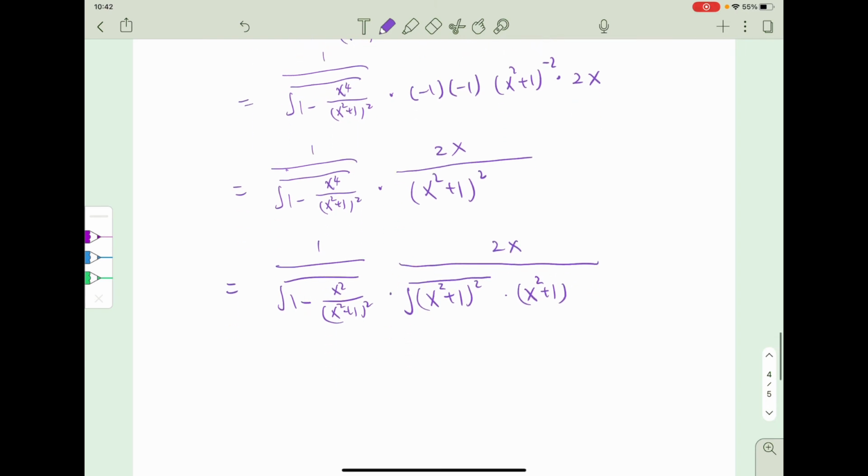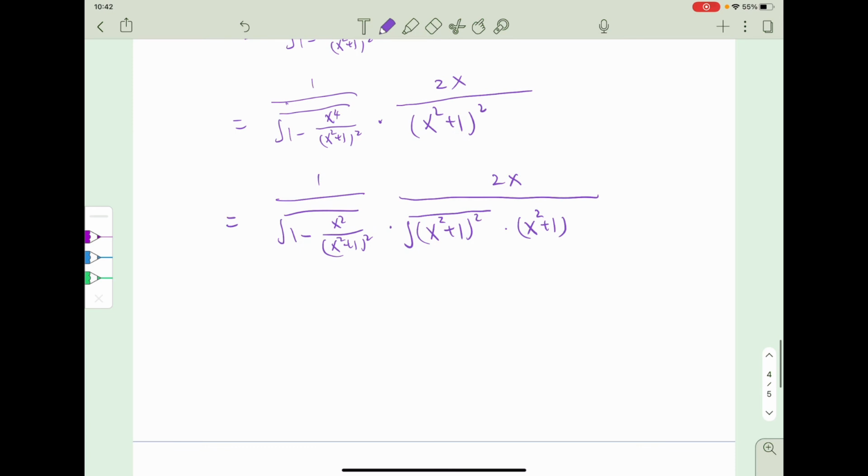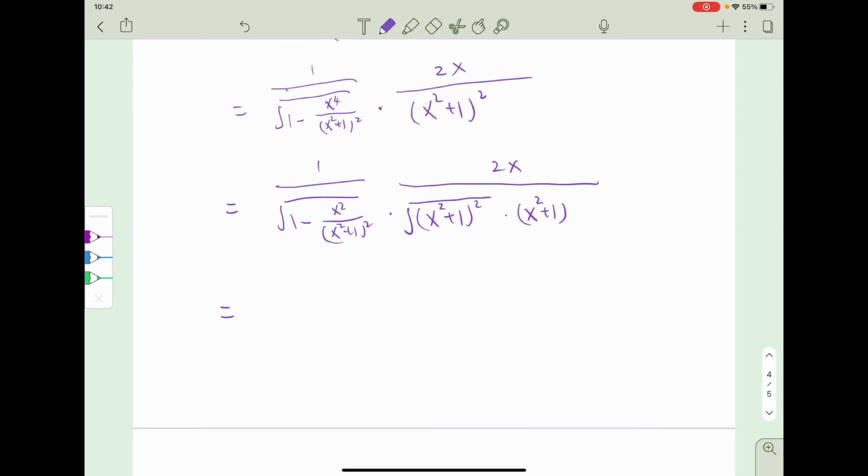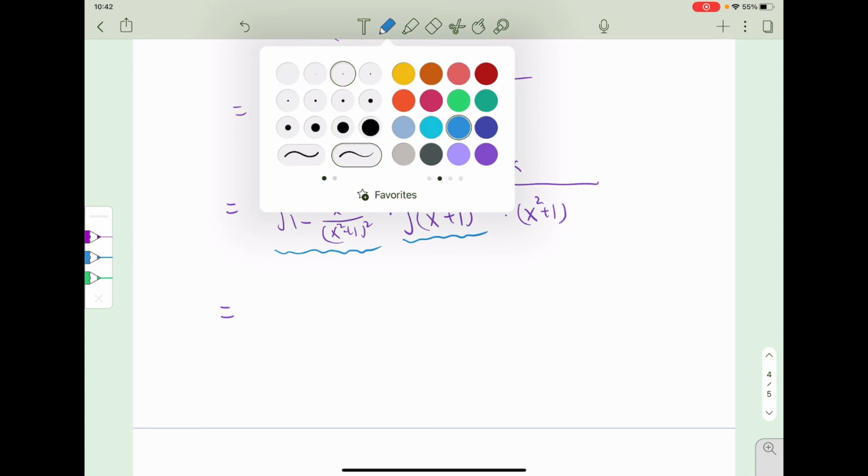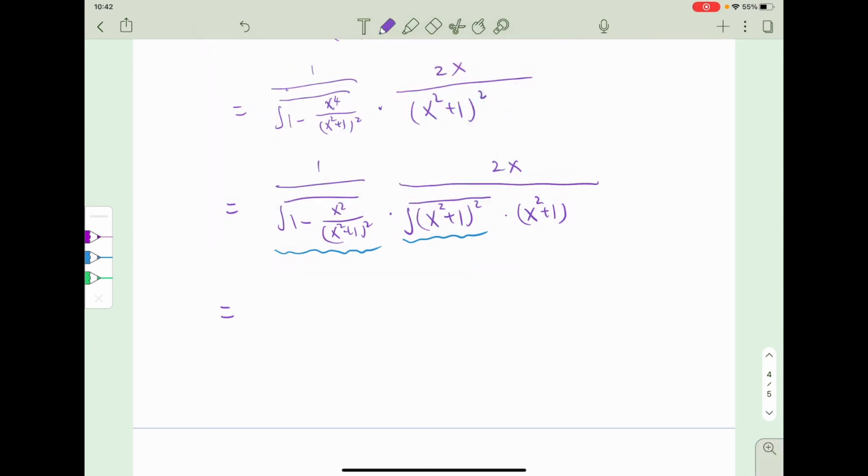So this is just purely algebraic manipulation. It should not be too difficult. The reason I'm doing that is because I want to multiply these two denominators to just simplify the expression.